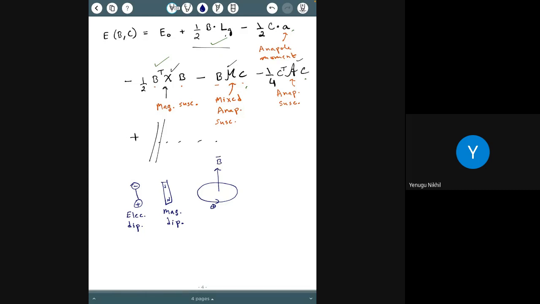So this is also a magnetic dipole. Okay. Now, if you have a toroid, this is now a little bit difficult to draw.